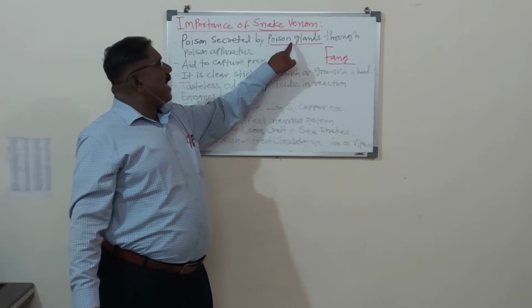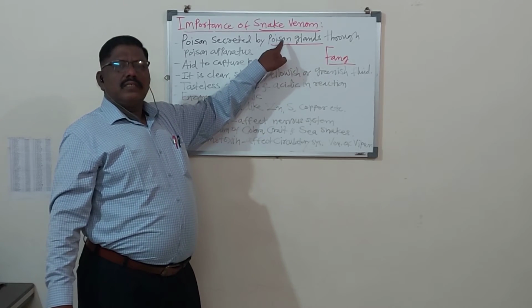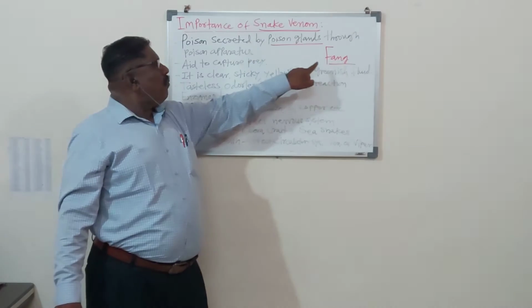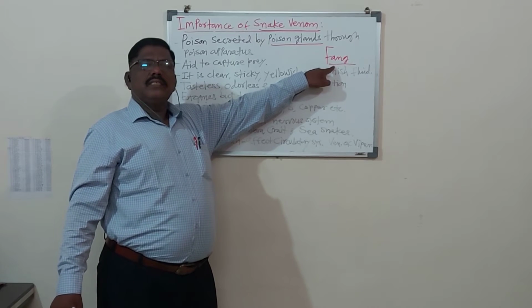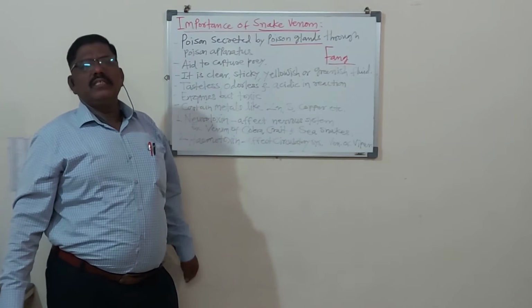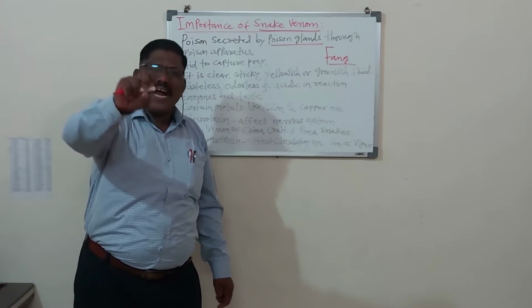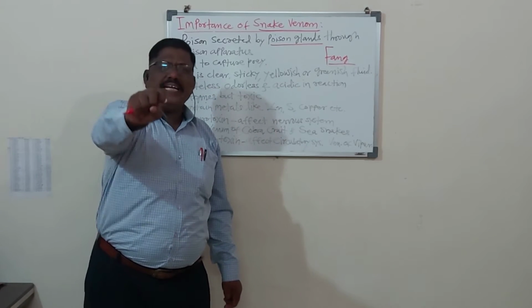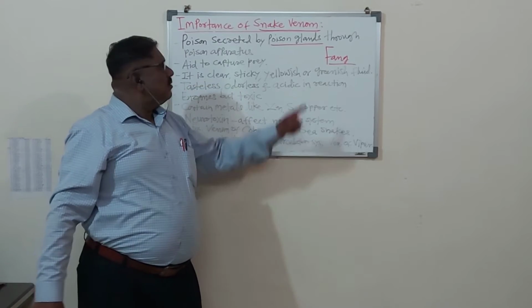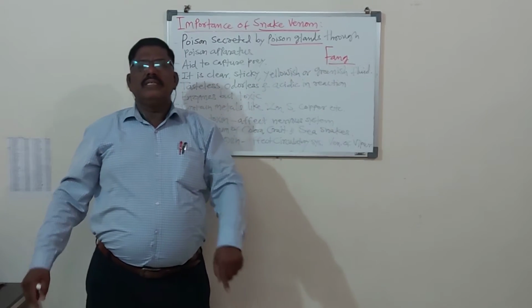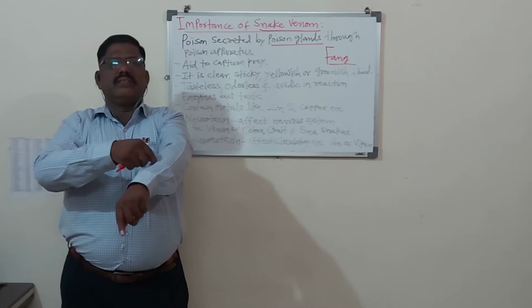So these poisonous glands open in the fangs, and fangs are present only in the poisonous snakes. So when poisonous snakes bite, at that time this fang is inserted in the skin.